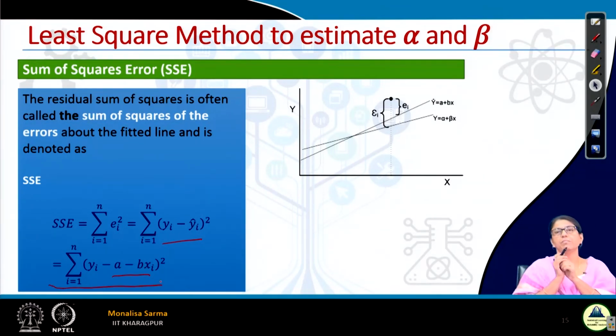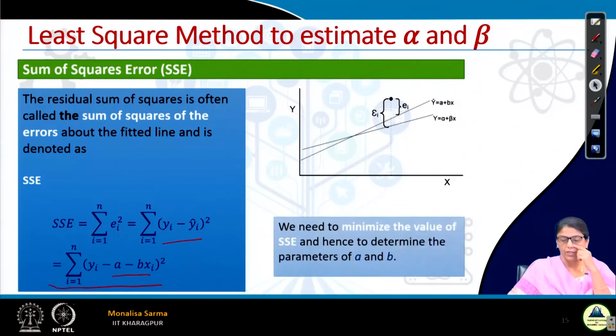I need my SSE to be minimum. So under what situation will my SSE be minimum? To find that out, we need to minimize the value of SSE and hence determine the parameters A and B, because A and B are the parameters which I have assumed.